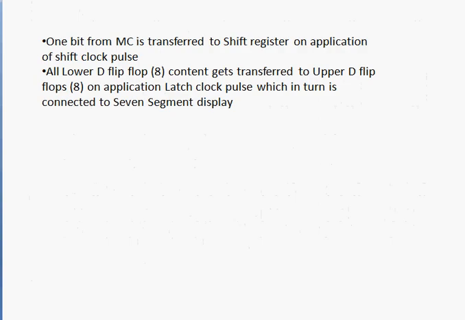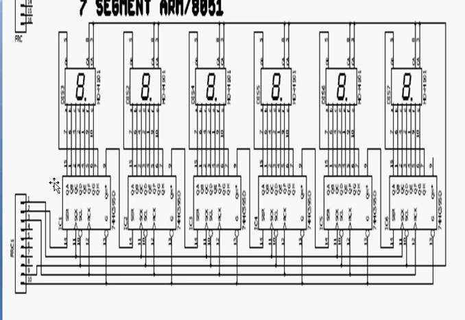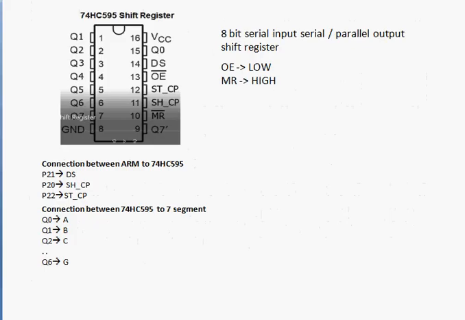Now the connection is as addressed: P20, P21 and P22. They are connected to data signal, serial clock, and latch clock, and it is addressed here. The pins are on the side of this one. So DS is connected to P21, and P20 is connected to shift 11, and STCP, which is for latching, P22 is connected.